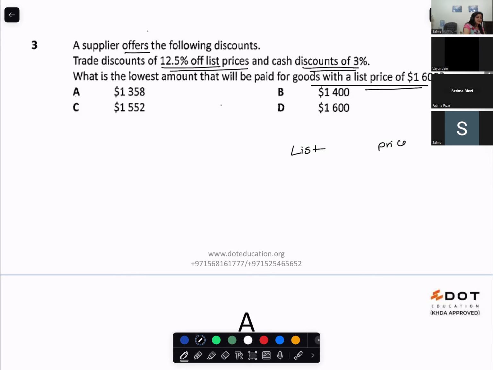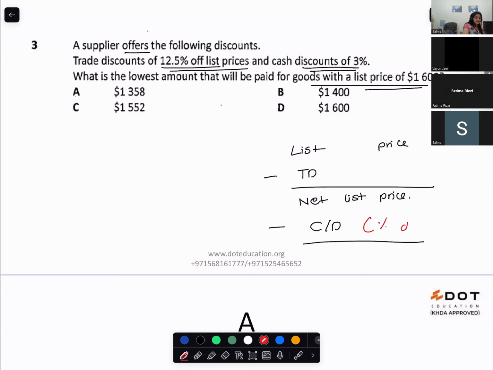From the list price, if you minus the trade discount, what you get is the net list price. Are you with me? Yes. If you're paying on cash basis, then you will minus cash discount, and cash discount is a percentage of your net list price. Then you get the lowest amount you pay.